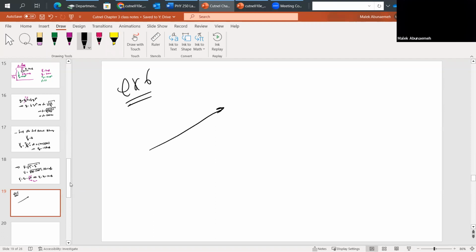Like we started, this ball is going in a projectile motion of v naught.